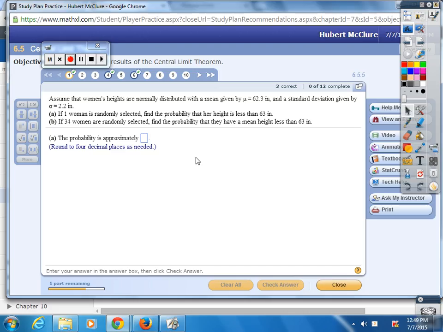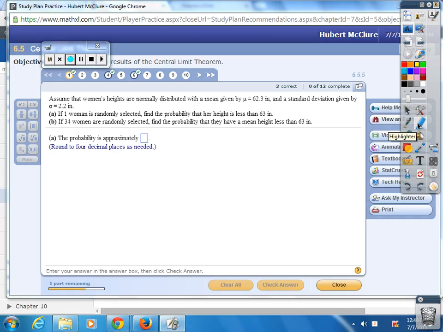So, let's take our handy dandy highlighter and we're going to highlight in yellow 6.2 and 6.3 material. There it is.